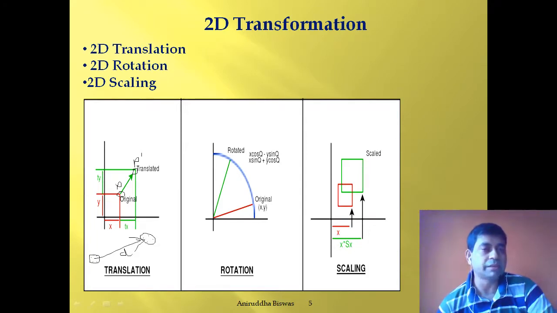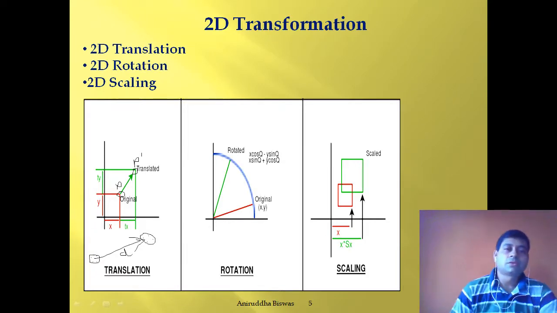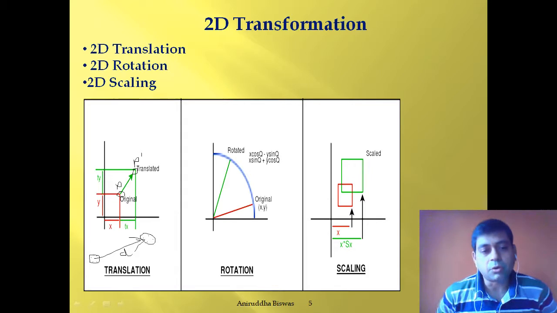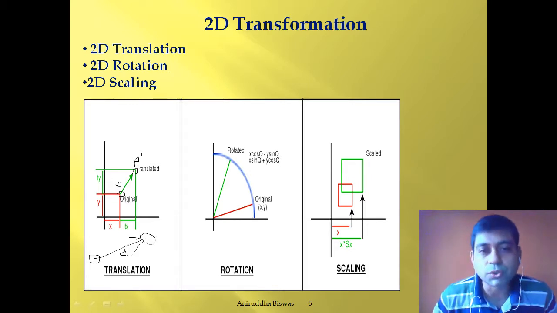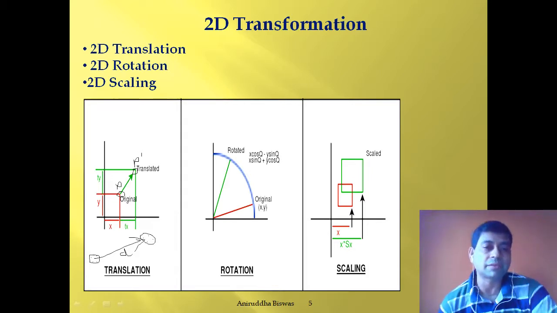So finally the x dashed value will be calculated as x plus tx, that is the translation shifting value, and y plus ty will be y dashed. We'll detail translation in later slides. Here we just need to have an overview of the other things. Rotation and scaling we will also mention.